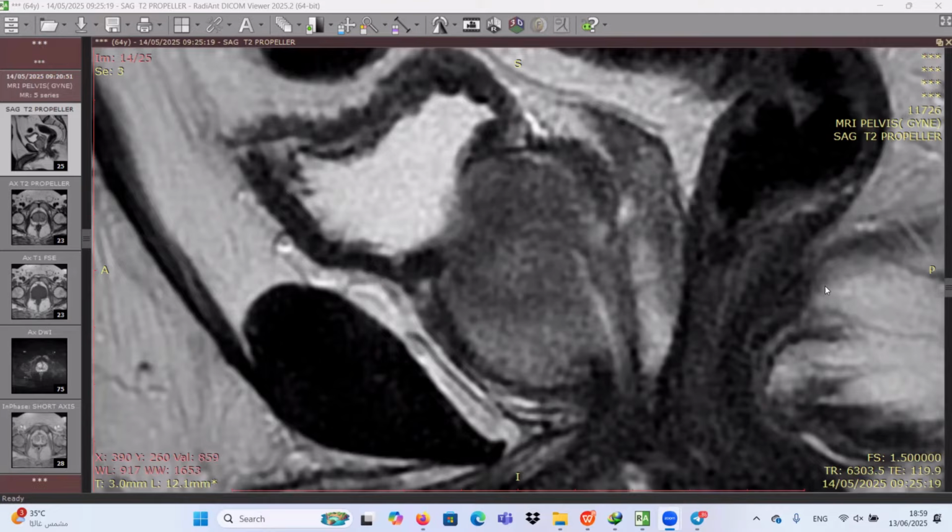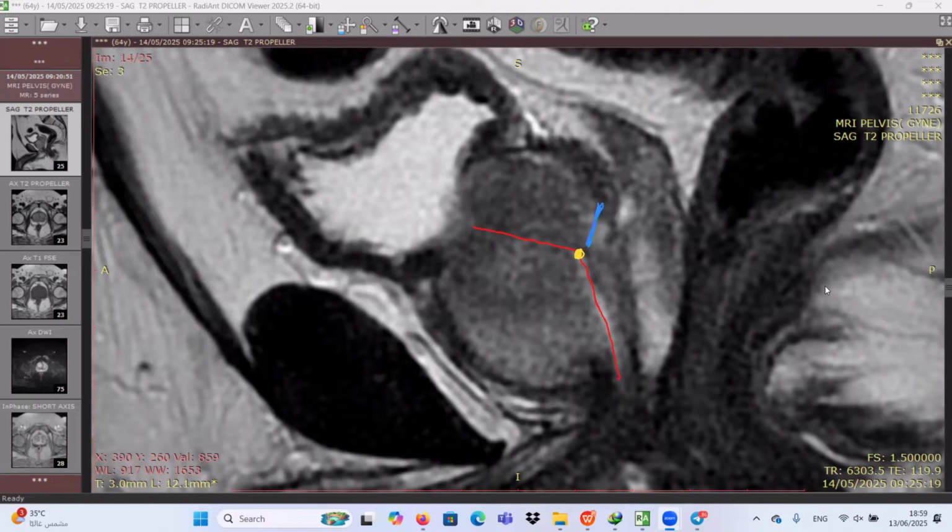Also, in the sagittal plane, you should identify the prostatic urethra. This is the prostatic urethra, and it is angulated at this point. It's called the verumontanum, and this is the site of the ejaculatory duct.